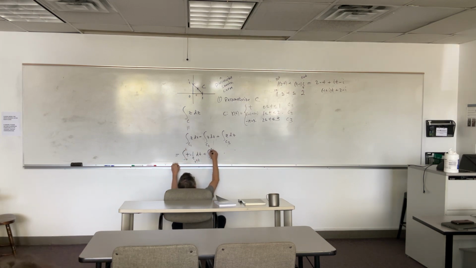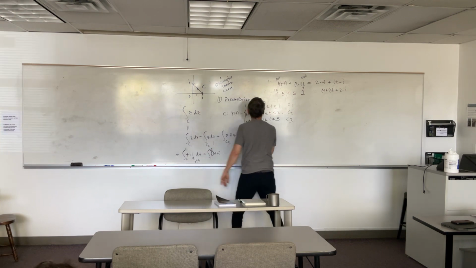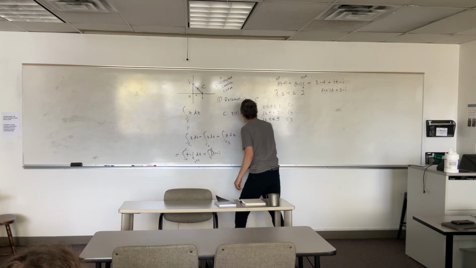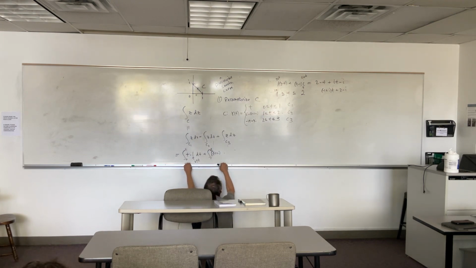Yes. And then z here becomes, where's my t on that thing? I did just drop it. Plus 2 minus i. And then the derivative of that is just negative 1 plus i.